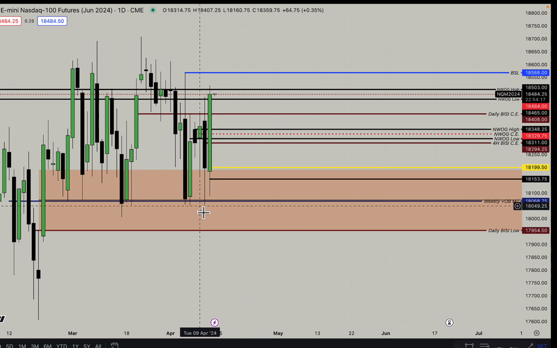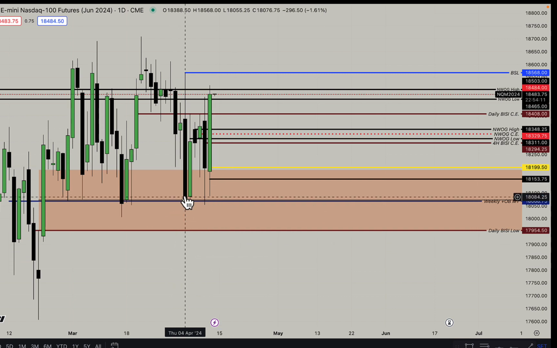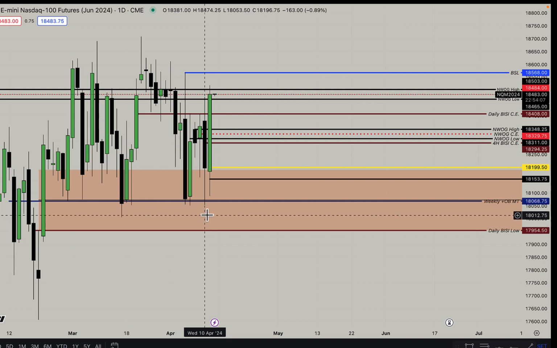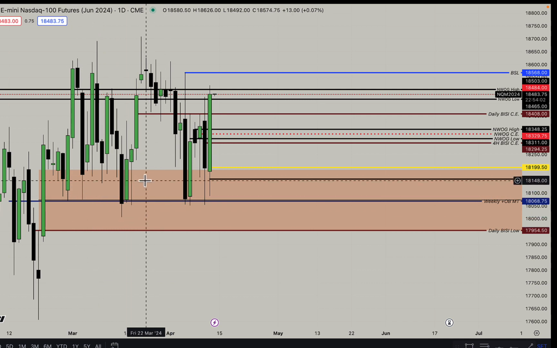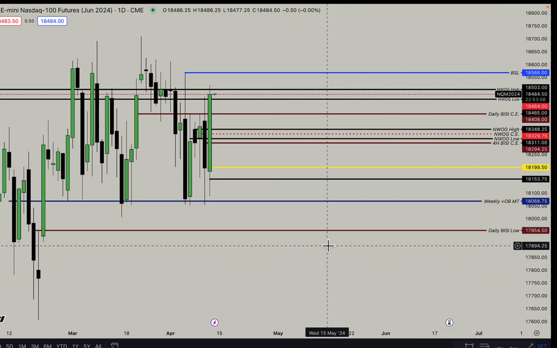This was a target for me this week. I wanted to see price run into that. I won't lie, I wanted to see us trade a little bit deeper and probably close into the lower quadrant of this BISI. We didn't get it. We rallied. Expected after a large drop, some kind of profit taken from there.